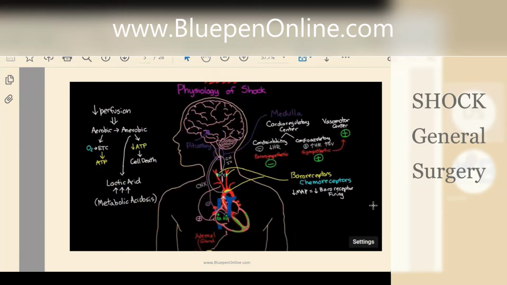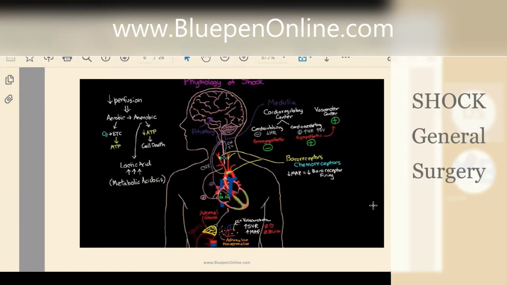Whereas the vasomotor center acts on the adrenal glands. On the person in the image, on the right side, we can see the adrenal gland, yellow in color, written above the kidney. Here the vasomotor center's action takes place. It causes the release of a lot of chemicals, vasoconstricting chemicals like adrenaline and noradrenaline.